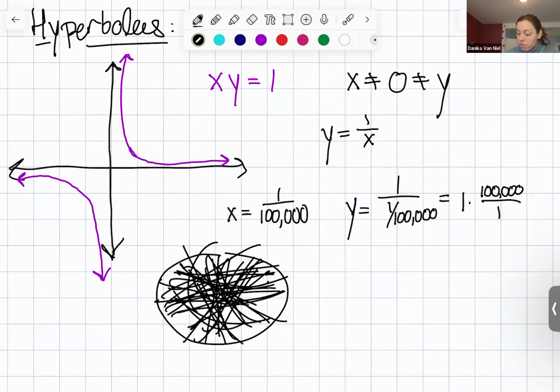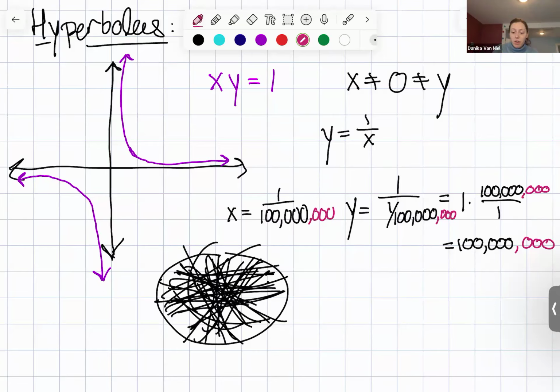So I get 100,000. Huh, okay. So if I were to add more zeros onto my denominator, right, I make this 1 over 1 million, right? This just keeps getting bigger and bigger, right? So as x gets closer and closer to 0, y becomes humongous, right? At least from the positive direction.